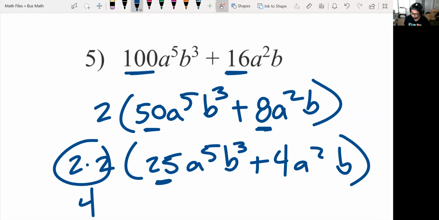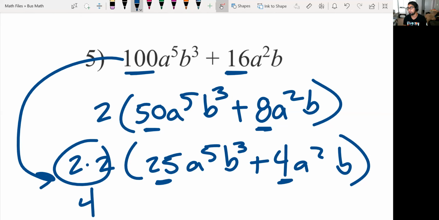And now you have 25 and 4, and now you can't take anything else out because 25 and 4 don't have any other number in common. So you can start by 2s, or we could have said, hey, I see that 4 is their common factor, and we could have been on this step already. So I'm going to erase it, but we're going to start off on the step right here where we take out a 4.